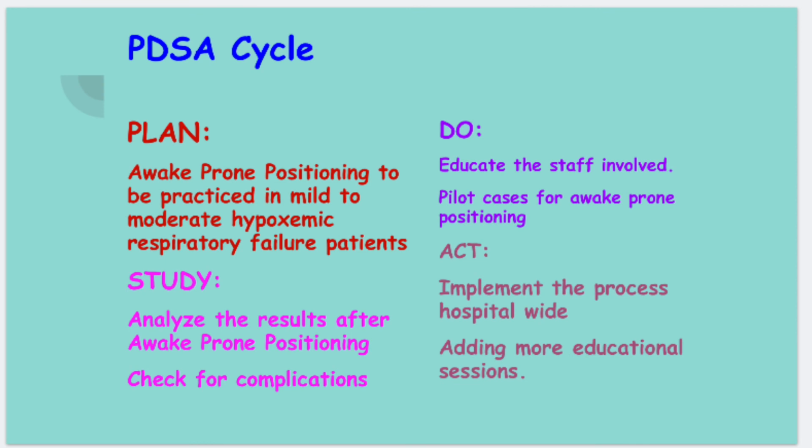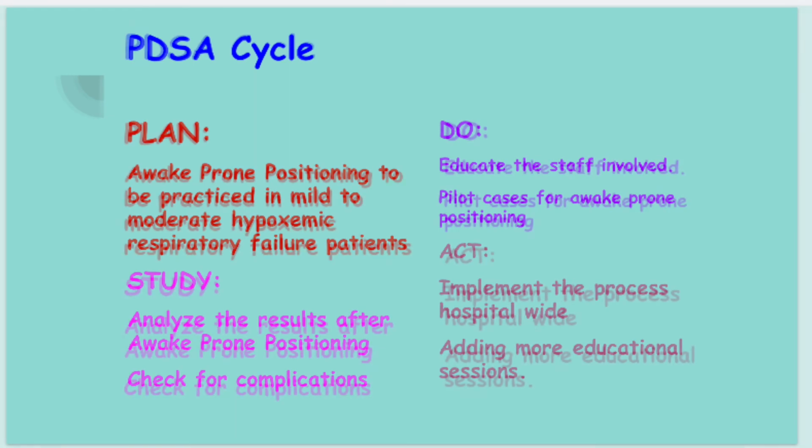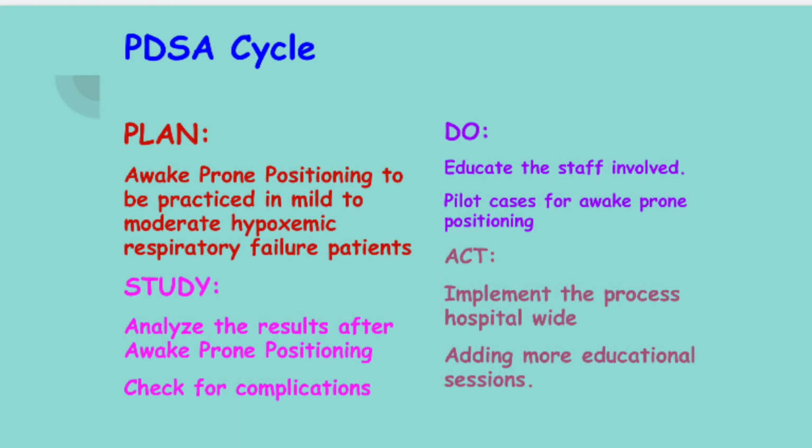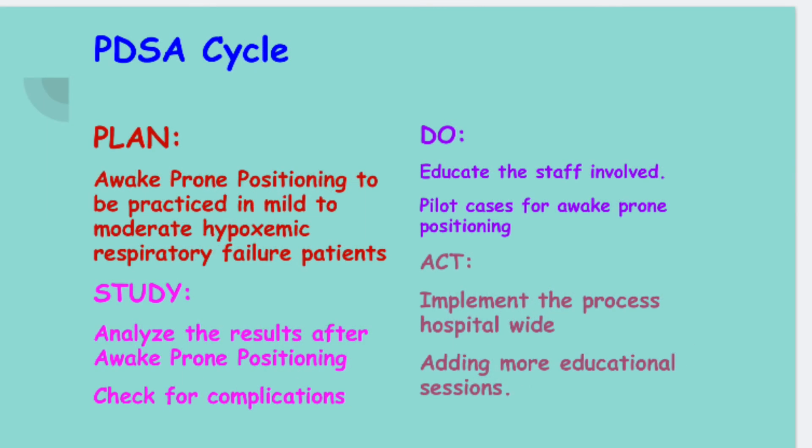After the conduction of pilot cases, we analyze the results. We measure the effectiveness and check for complications, and then make some changes. Once the changes have been made, we implement the process hospital-wide, and then we can add more educational sessions.